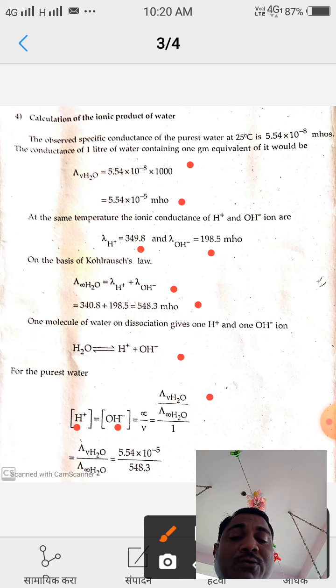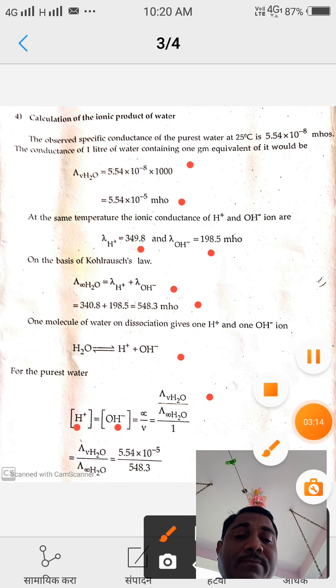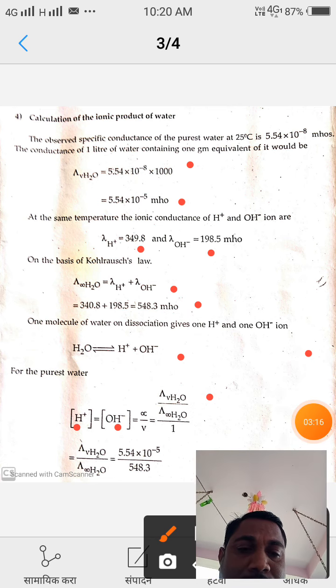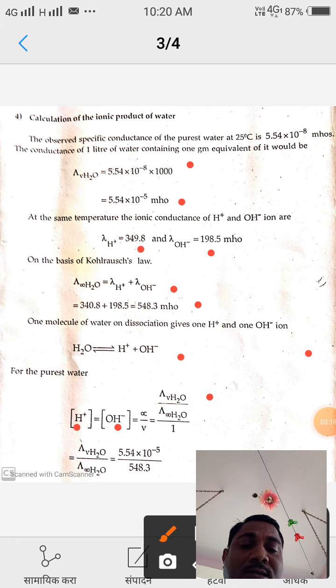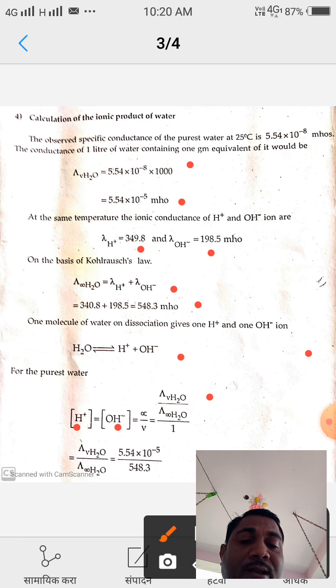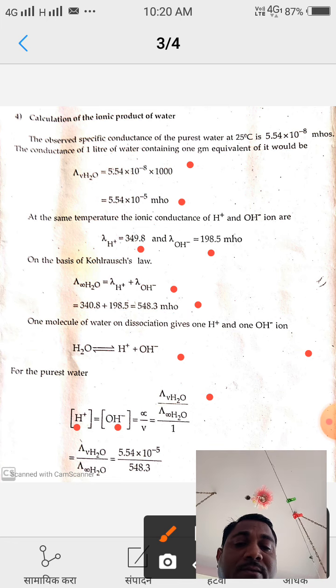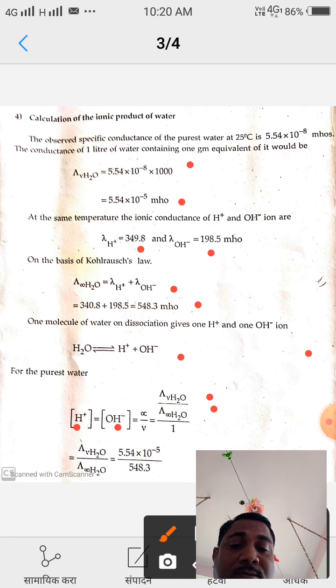This degree of dissociation can be calculated. The degree of dissociation is equal to the equivalent conductivity of water divided by the equivalent conductivity at infinite dilution.